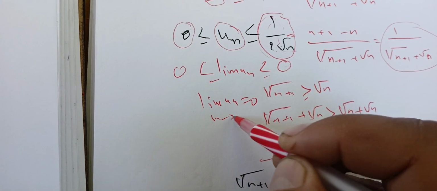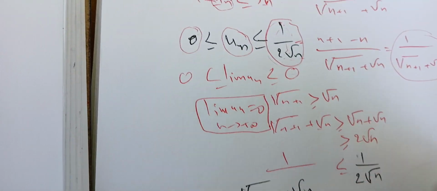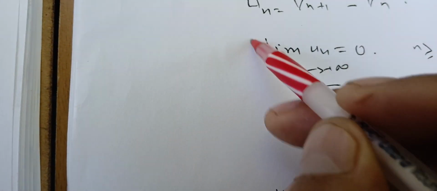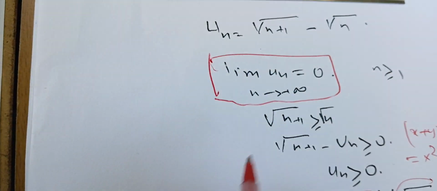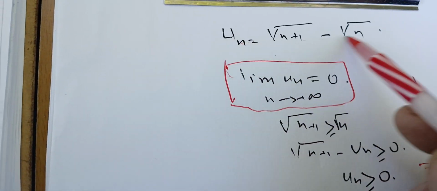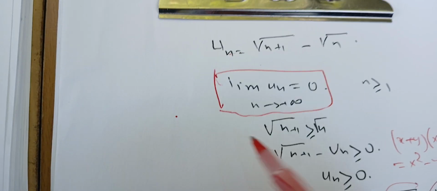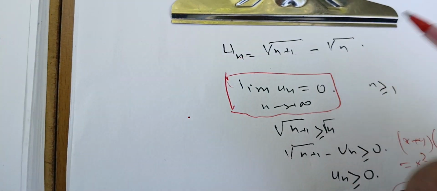So this is a simple application of the squeeze theorem. Therefore, we proved this result using the squeeze theorem, that this one goes to 0 as n goes to infinity. Another idea is that we can use logic.